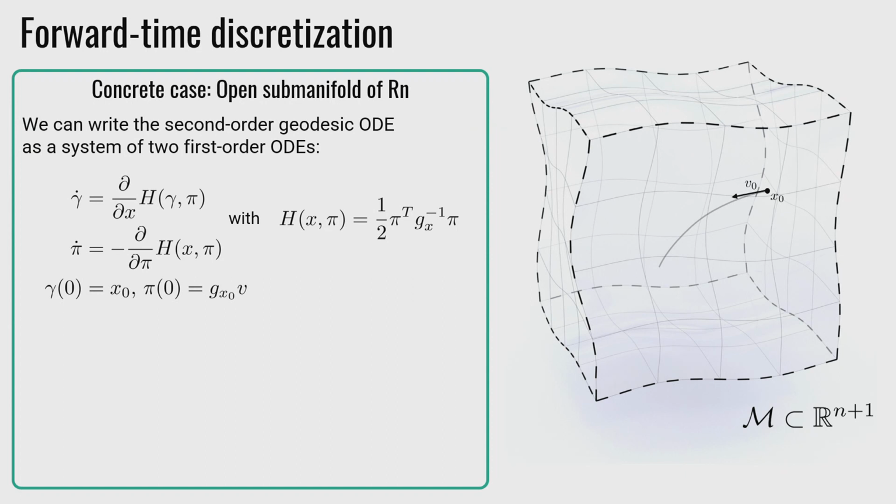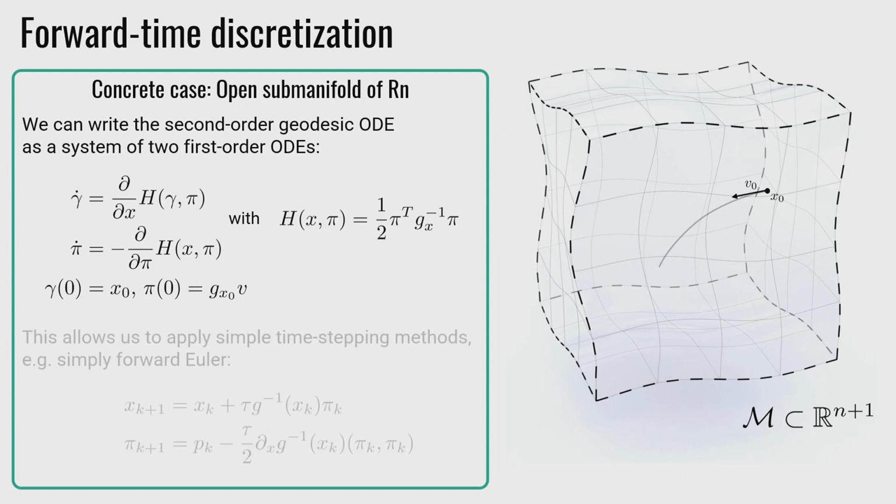In your initial conditions, the initial point is still the first point that we start with, and your initial momentum, so the initial pi, is just your tangent vector multiplied with the metric at the initial point. If you talk about physics, momentum is adding mass to your velocity, and that's basically the same thing. You're saying, okay, I multiply with g. My metric is saying which kind of mass this tangent vector carries in a certain sense, and this is your initial momentum.